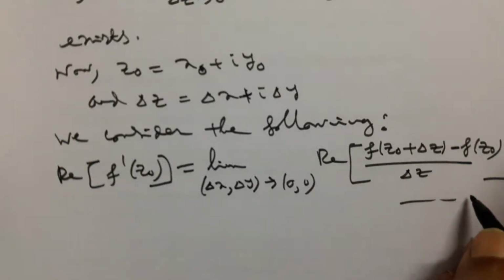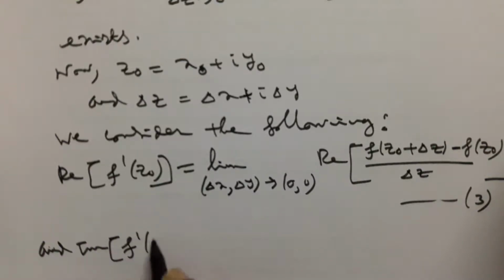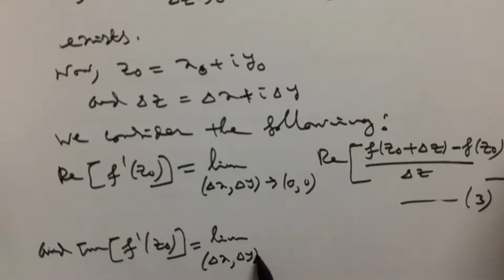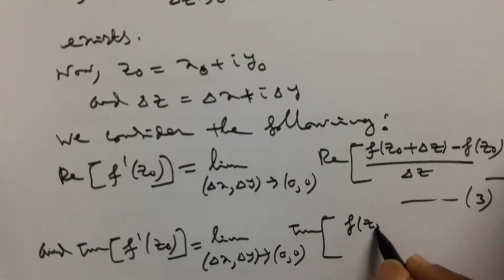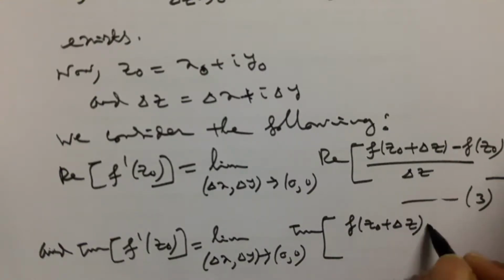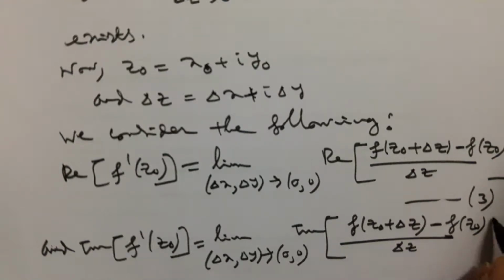Taking it as equation number 3. And the imaginary part of f dash z0 is equal to the limit as del x, del y tend to 0, 0 of the imaginary part of f of z0 plus del z minus f of z0, divided by del z. Taking it as equation number 4.